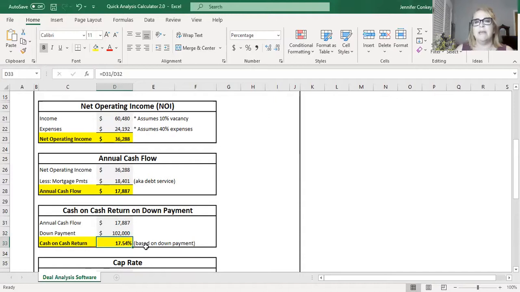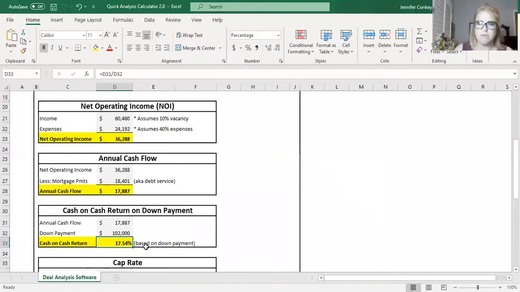It helps you to make decisions. So for example, if I have $102,000 and I'm like, well, should I put down 30% on this building or should I put 20 and then go use the other 10% on something else? This can help me make a decision. So if the other money I was going to put down was going to get me a 10% return, I would look at this and go, oh, well, you know what?